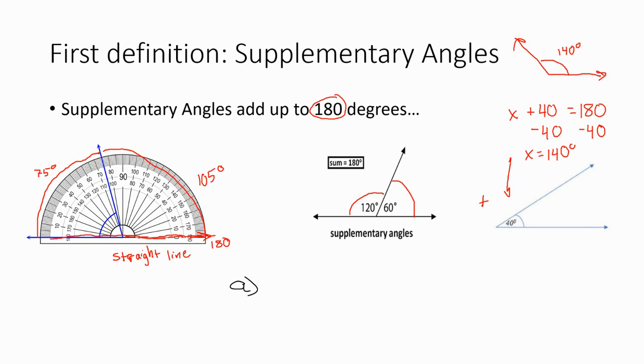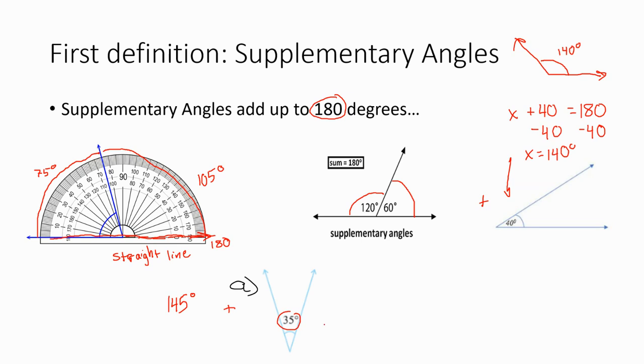So now it's your turn to check. Problem A. What would be the supplementary angle for 35 degrees? You should have said 145 degrees. That's right, 145 degrees plus 35 degrees equals 180.